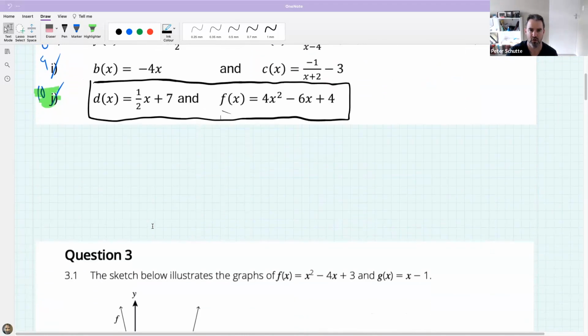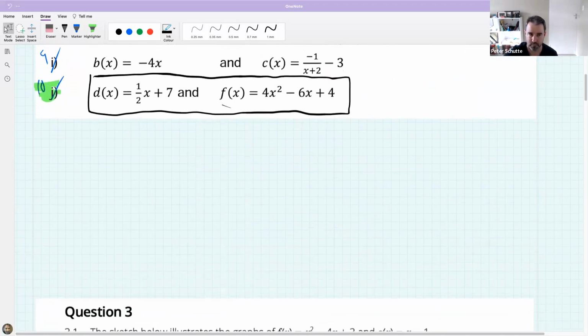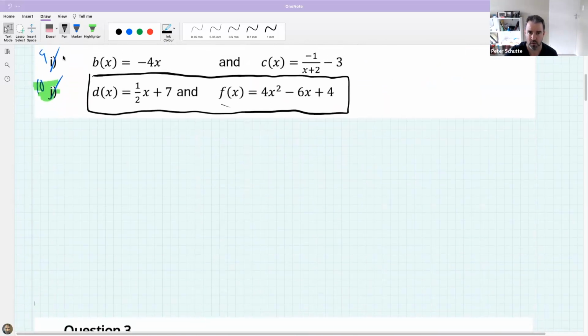So those are the two graphs we're trying to draw. And that's a straight line.